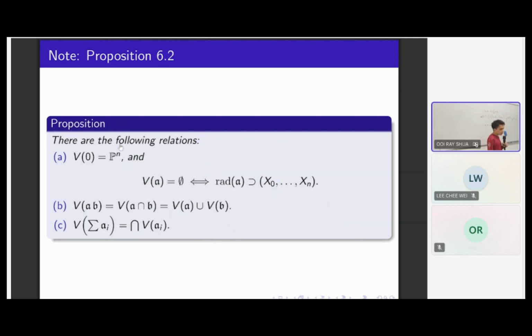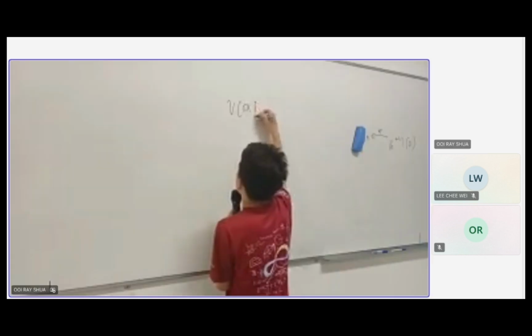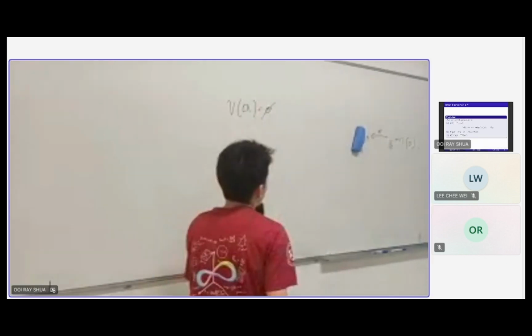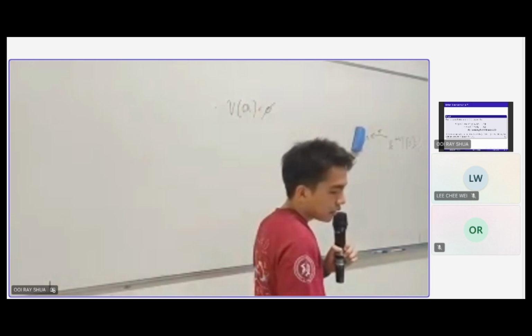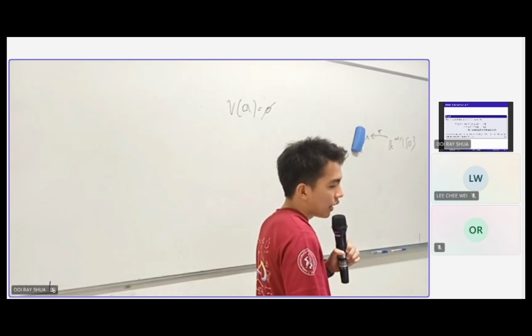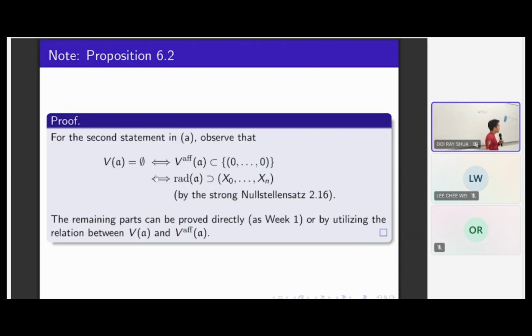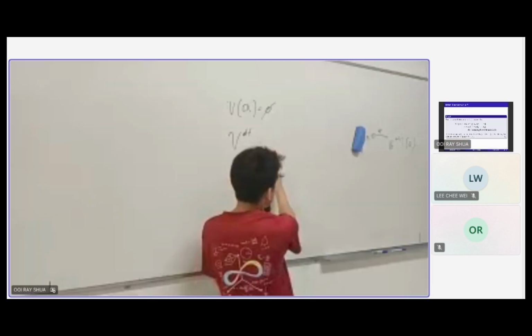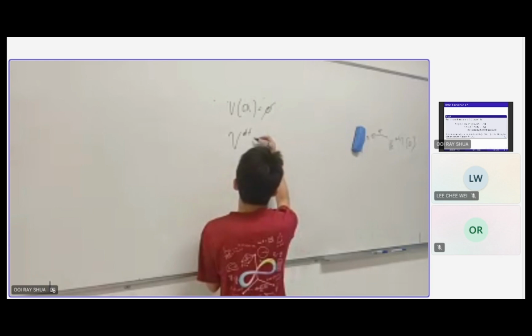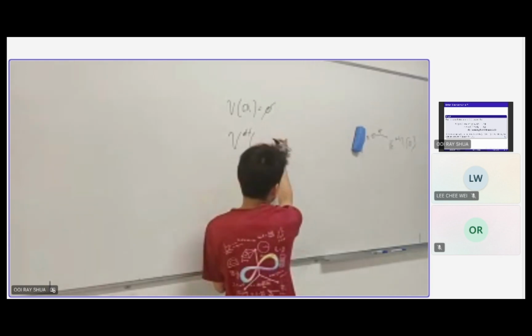But one interesting part is this part. When V of the ideal, the zero set of the ideal, is equal to the empty set, what does that mean? That means that when you go back to affine space, it is only a subset of the origin.